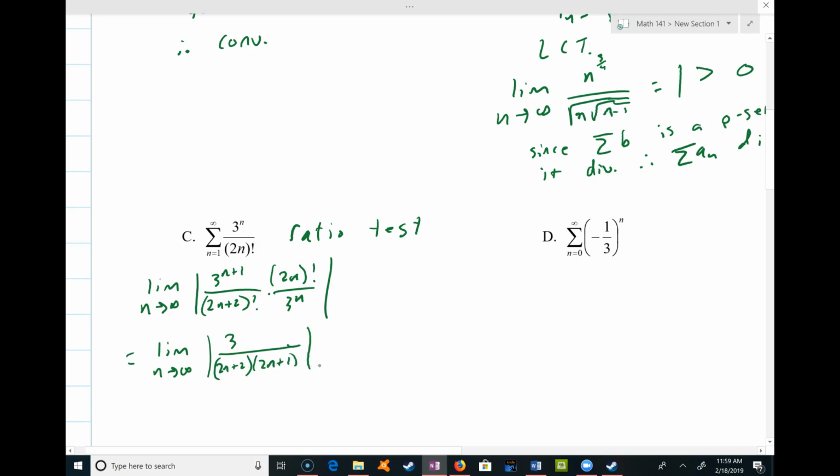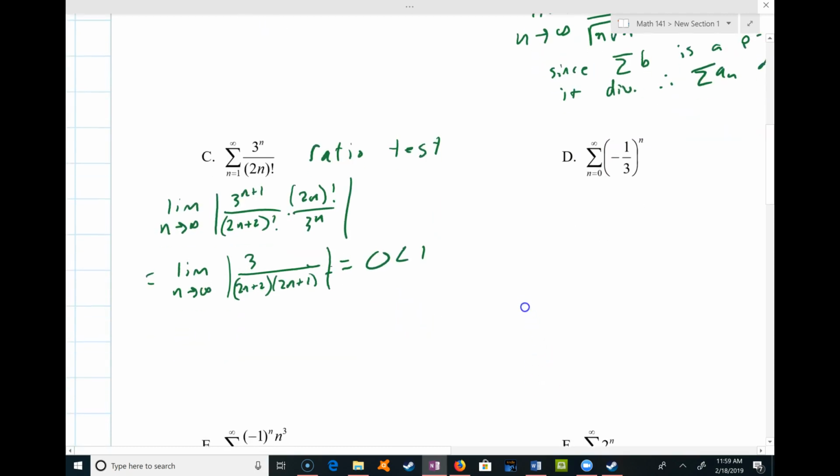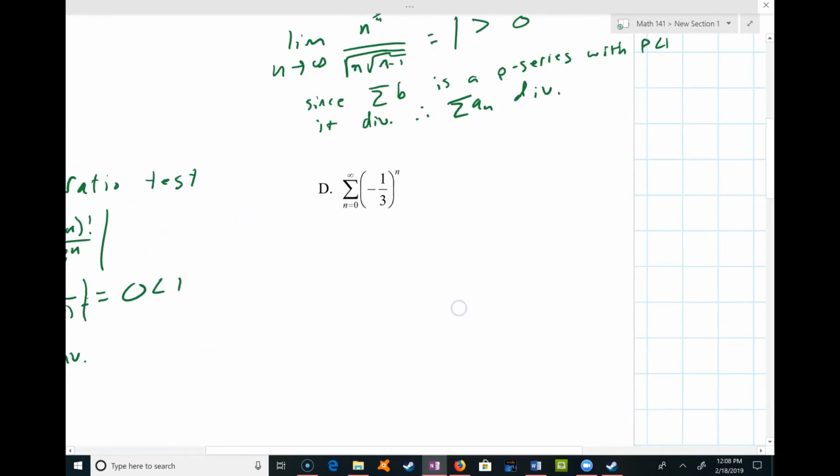And if we let n approach infinity, that equals 0, which of course is less than 1. So therefore, my original series converges because the ratio is less than 1. Converges.